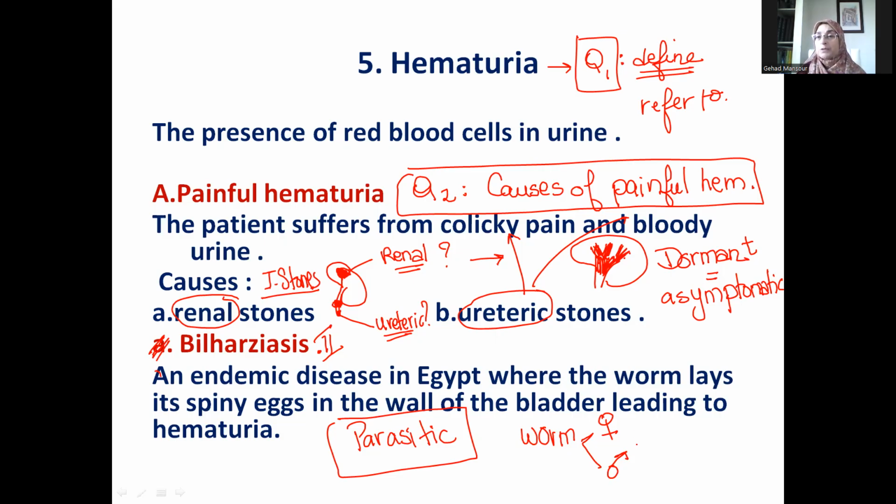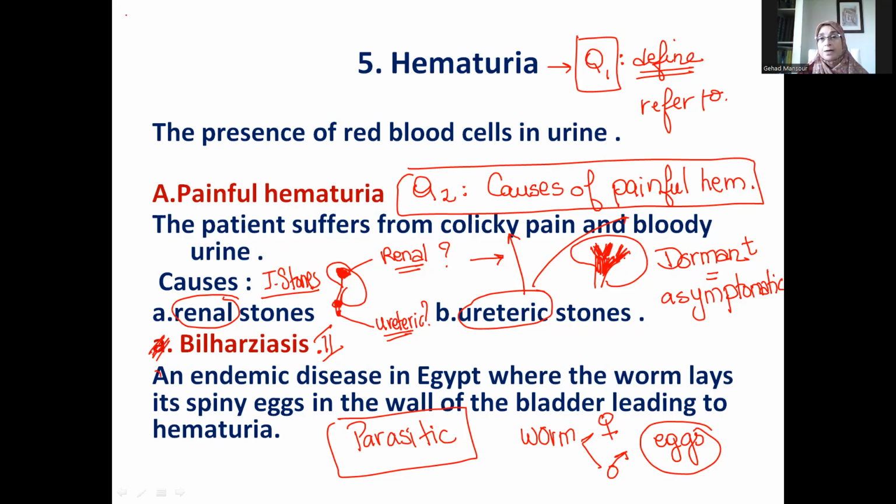They reproduce inside the human body and they produce eggs. They reproduce in blood vessels near the liver. The female lays its eggs in the circulation around the liver, and then they find their way to the urinary bladder, where the eggs are deposited.